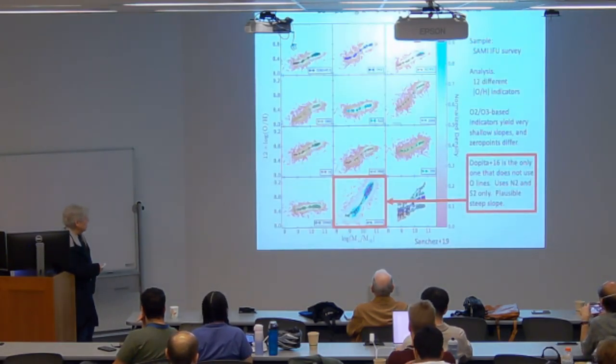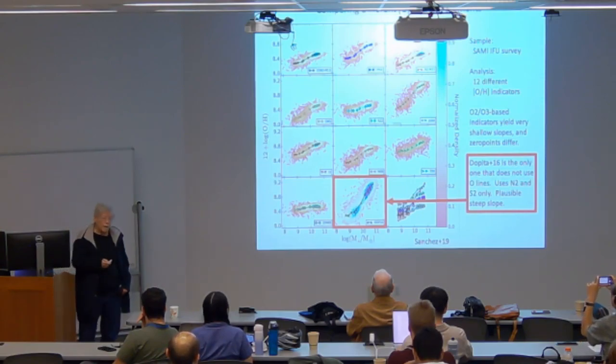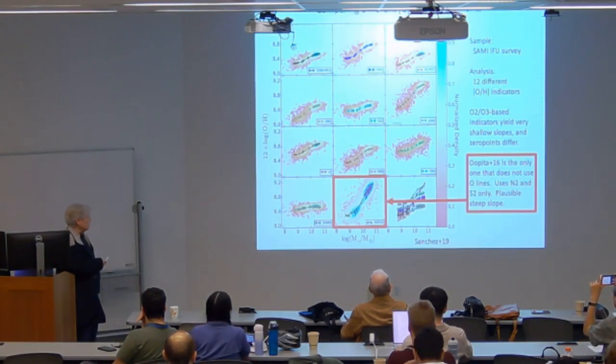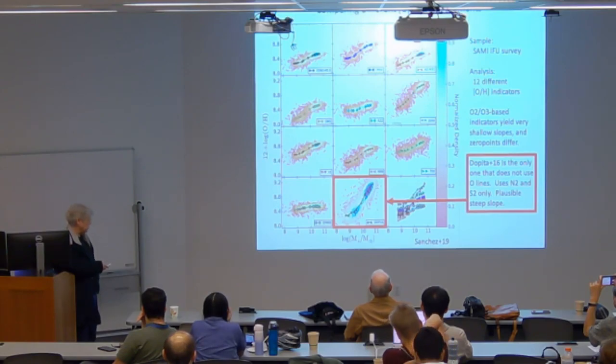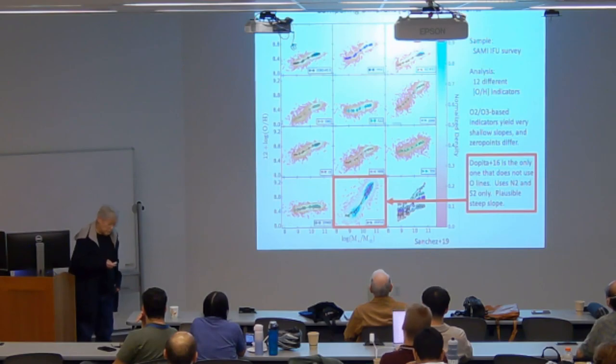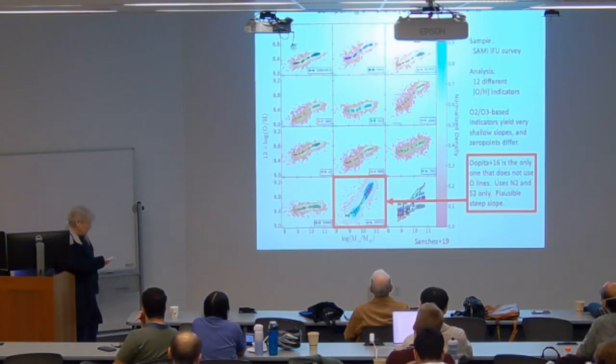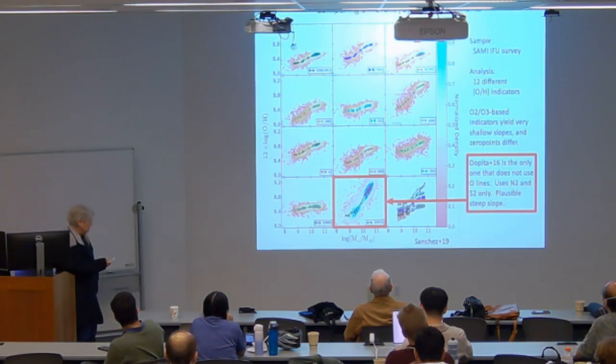Okay. So here's an example from a wonderful paper by Sanchez and company, Sebastian Sanchez, comparing 12 different ways of measuring gas phase metallicity. And all of them in this picture use oxygen. And they all have the same problem in the sense, well, there are two problems.